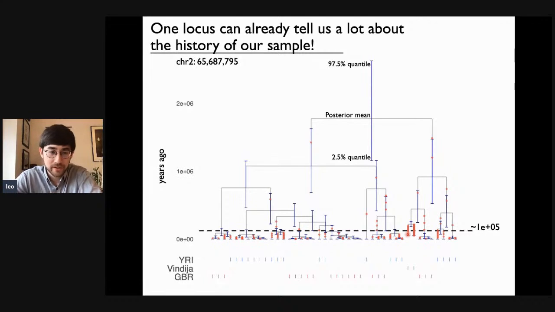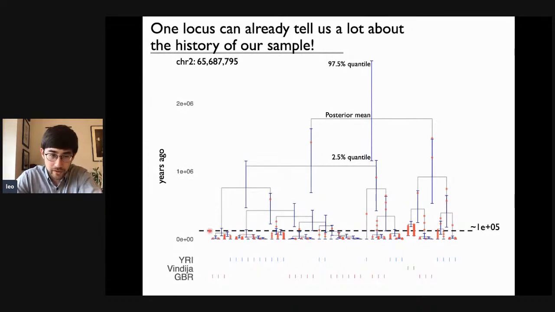What you'll notice, hopefully, is that below this dashed line, you'll tend to see Yorubans coalescing with other Yorubans and British individuals coalescing with other British individuals, but no or few coalescences across these groups. So for instance, here you have a clade of only Yorubans, and here you have a clade of only British individuals, and there are very few across these groups.